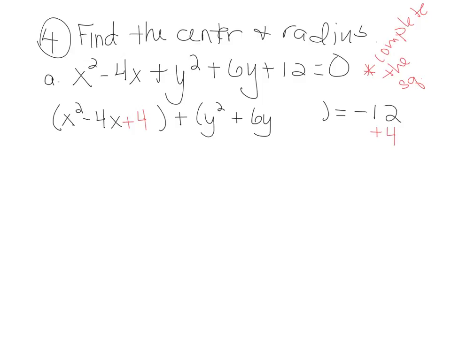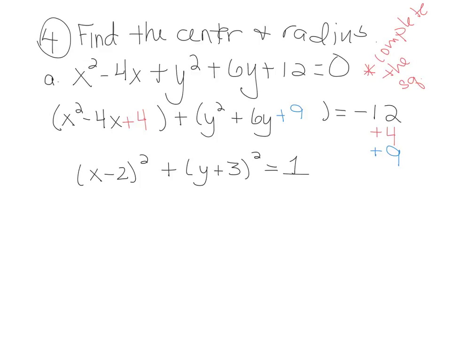I'm keeping it balanced. y squared plus 6y, well, half of 6 is 3. 3 squared is 9. Add 9 to both sides. And we're left with x minus 2 quantity squared plus y plus 3 quantity squared equals 1. Whew, we just squeaked by. If this had been 0 or negative, it would not be a circle.